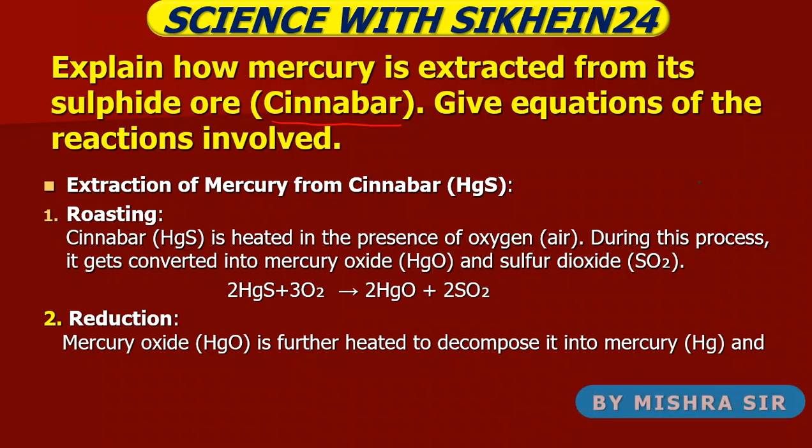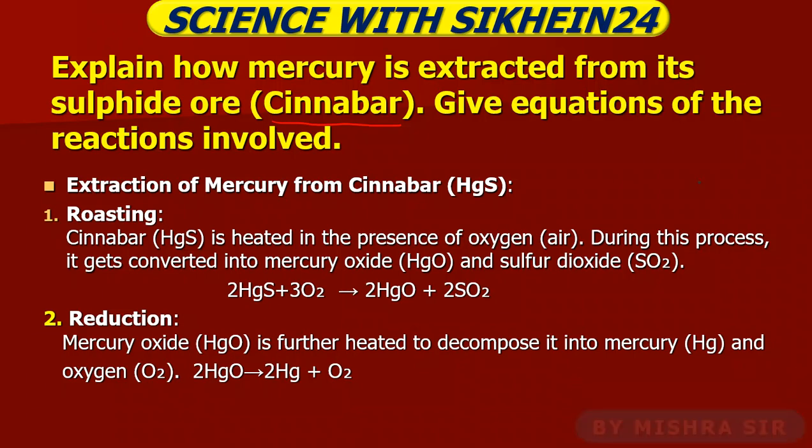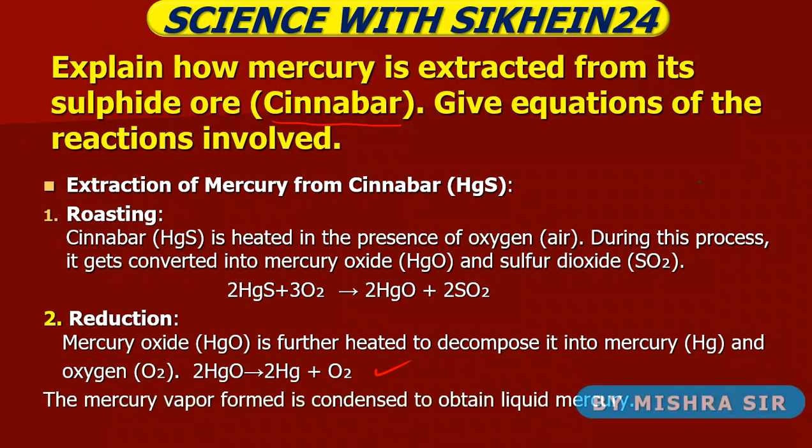Mercury oxide is further heated to decompose it into mercury and oxygen, that you can show here, right? And next, the mercury vapor formed is condensed to obtain liquid mercury.